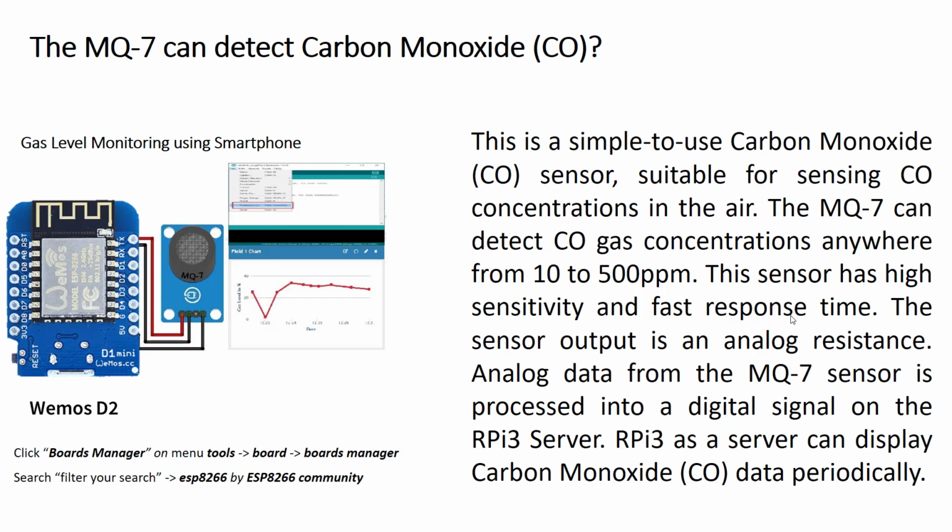The MQ7 can detect carbon monoxide gas concentration from 10 ppm. The sensor has high sensitivity and fast response time. The sensor output is an analog resistance, and analog data from the MQ7 sensor is processed into a digital signal on the RPI server.